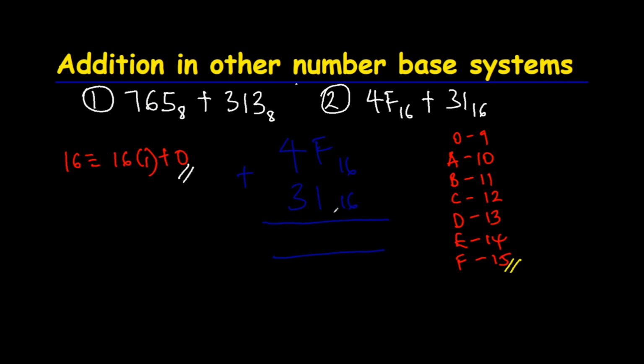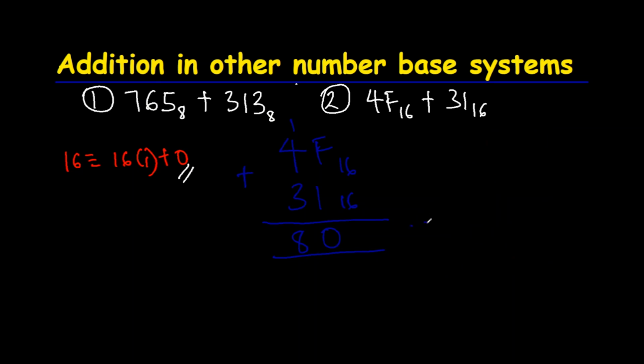So we'll write here 0 and we'll carry over 1. So 1 plus 4 plus 3 is 8. So therefore, our answer is equal to 80 base 16.